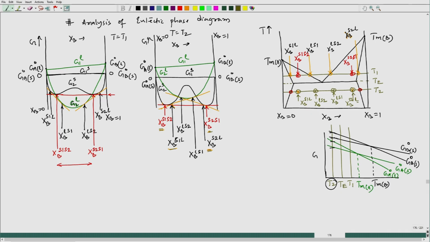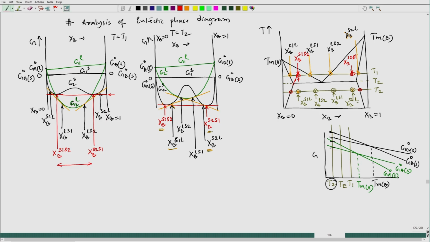Fine. Now, let us see what this particular composition is. This is the equilibrium between solid 1 and solid 2. Now, if I move from T2 to T1 and extend this line, this extension should pass through this. This extension is nothing but the equilibrium between solid 1 and solid 2, the two solvus lines.